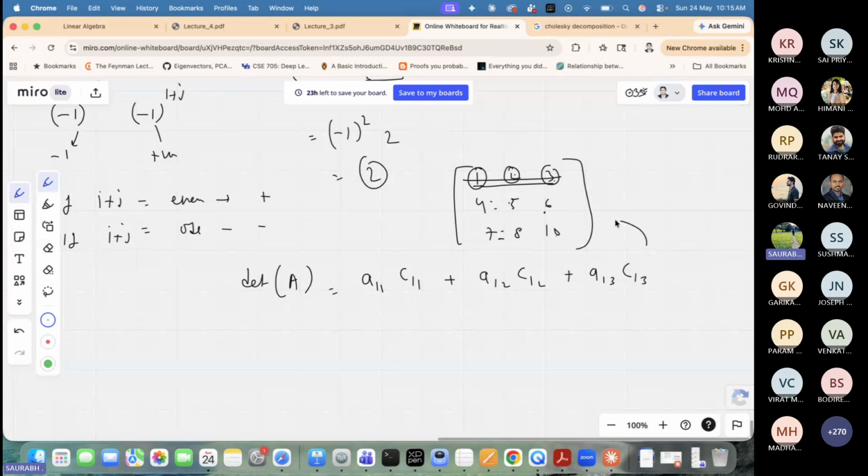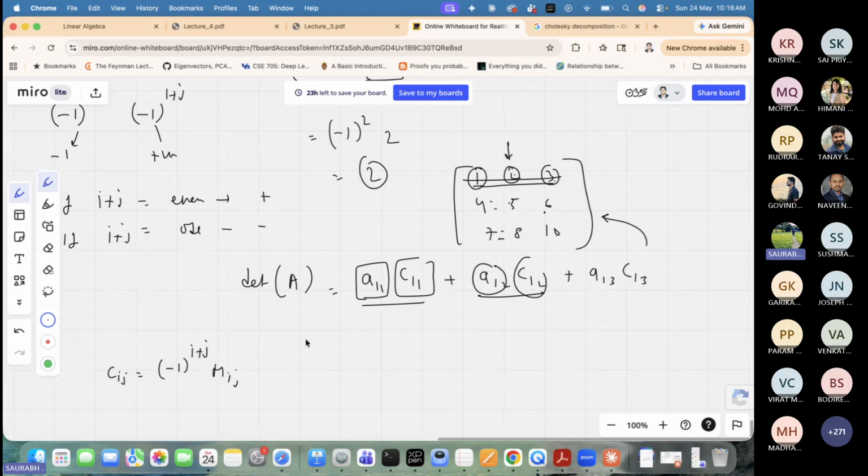So for this matrix, the determinant can be computed with whatever element you used for computing the minor, multiplied by the cofactor. The cofactor formula is Cij equals minus 1 to the power i plus j times Mij. Then you add A12, the second element, which is 2 here, multiplied with its cofactor, computed using this formula. A13, the third element, is computed the same way.